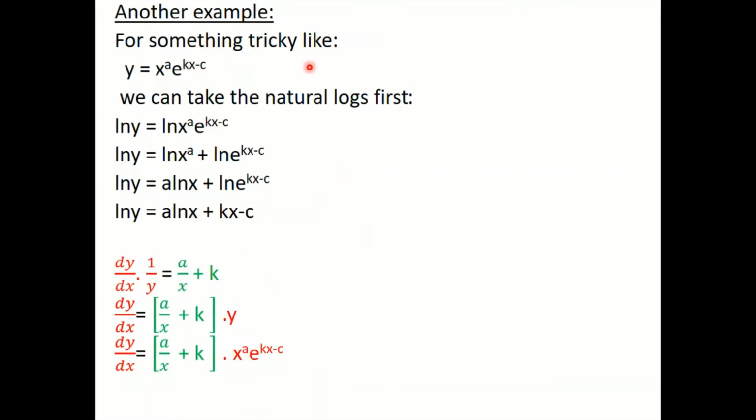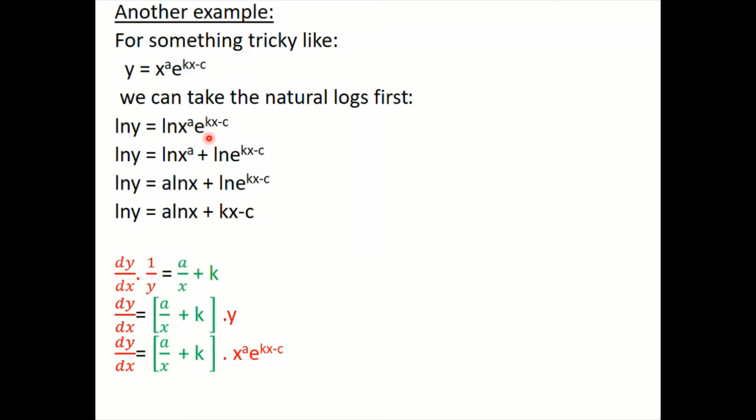Here we have another example. If we are given this function for y, and we are asked to differentiate y with respect to x, taking the natural logs first can make this task somewhat simpler. So let's do that, taking the natural log of both sides. We end up with this down here.